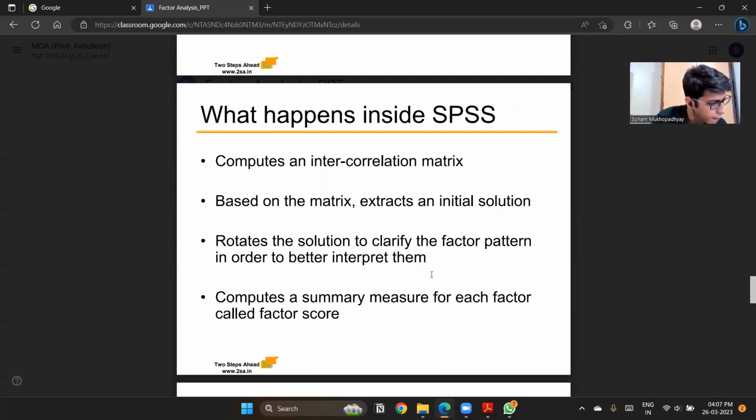So firstly you will get an initial solution which will have all the correlations between each factor and each variable in that intercorrelation matrix. And on the basis of that, you will make a second table, which is called a component matrix. And in the component matrix, what you will get is a factor loading. How they will be put to use, we will come to it.